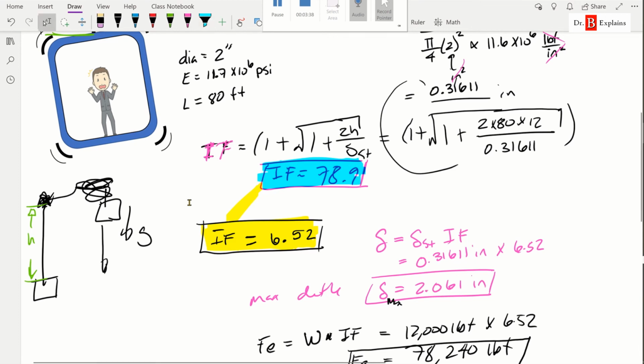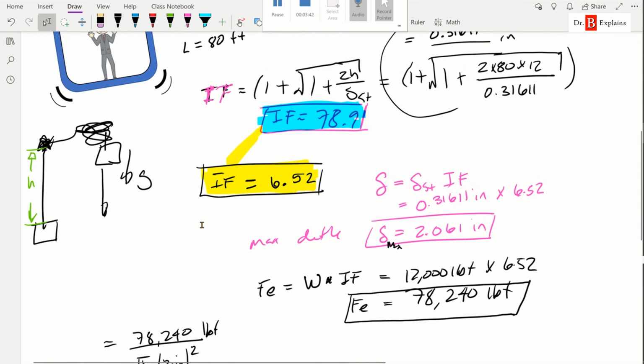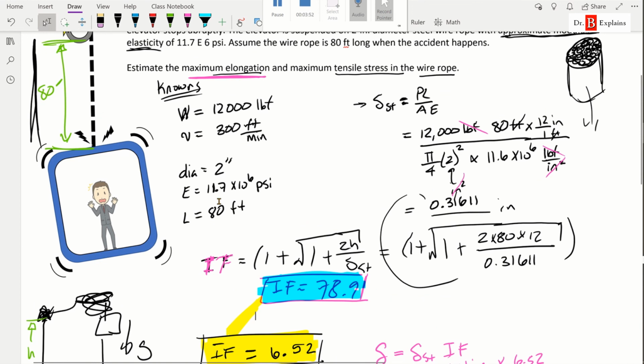So imagine, for example, the stress over here. You're going to take 78.9 times the weight of the elevator, which was 12,000 pounds, and then all of that gets divided by the same cross section, which is pi divided by 4 times 2 squared.